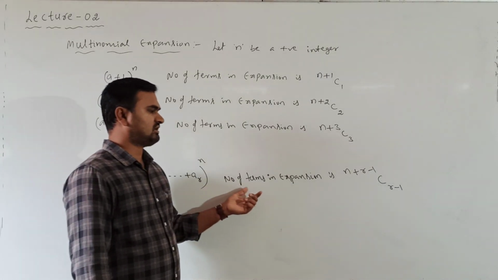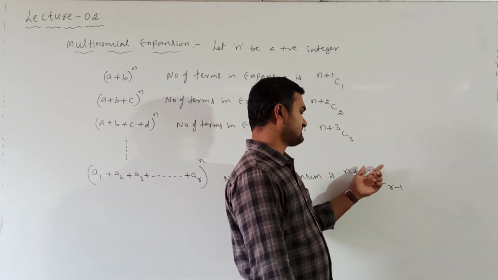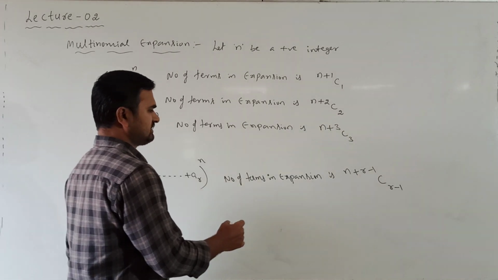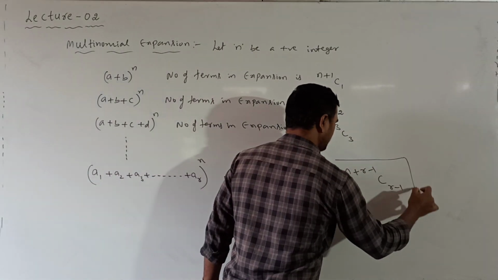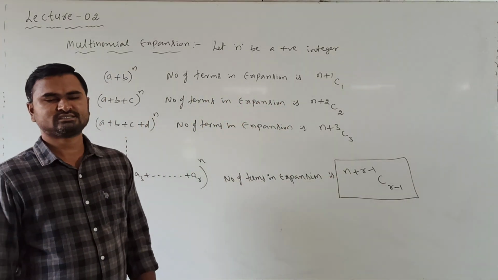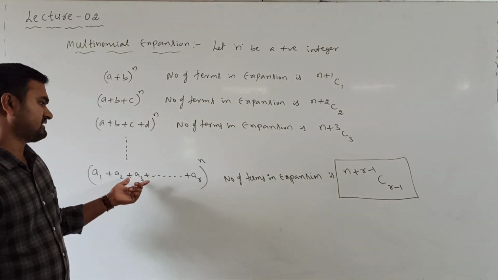So we can remember this formula for finding the number of terms in the expansion of a multinomial: (n+r-1)C(r-1).